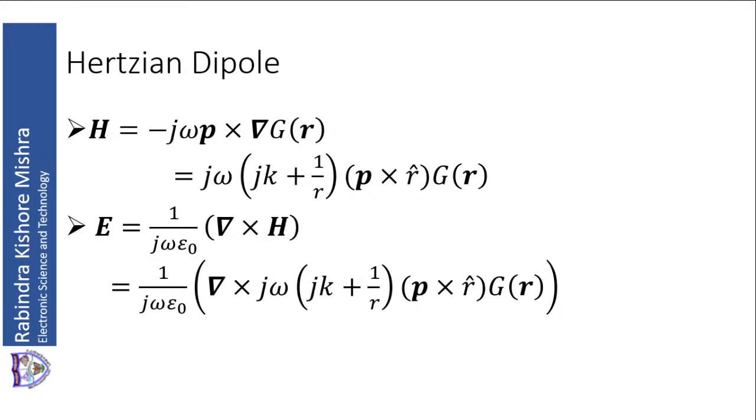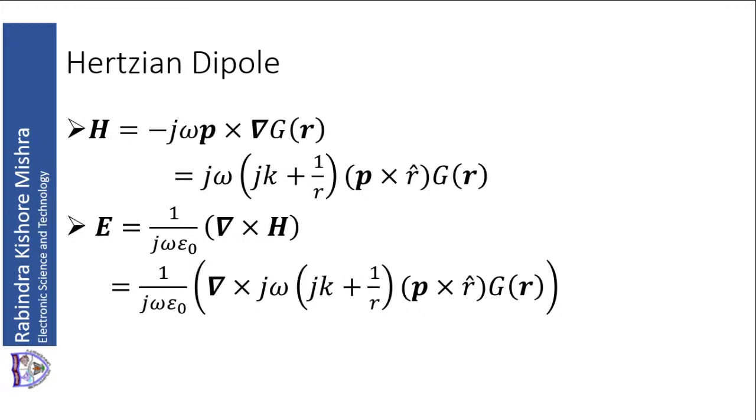So we will cancel out the j omega term from the numerator and denominator. Once we cancel it out, we are left with 1 by epsilon 0 del cross (jk plus 1 by r) into P cross r cap into GR.